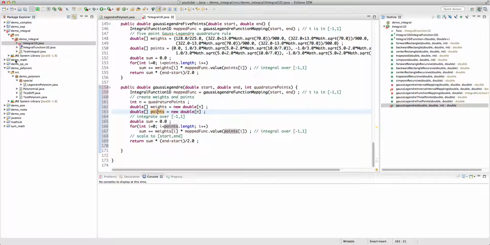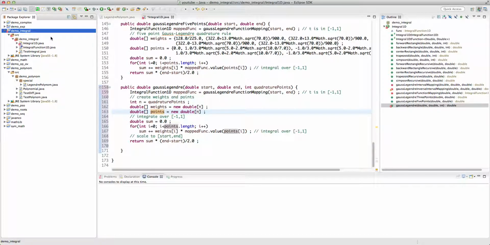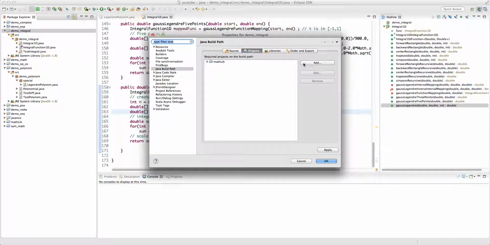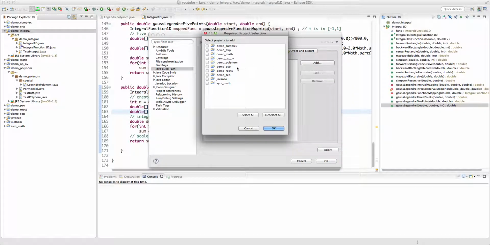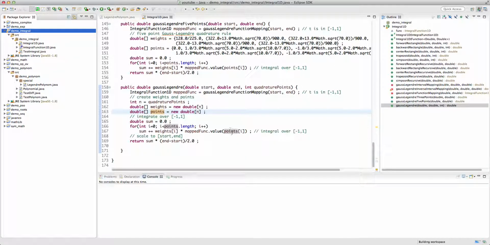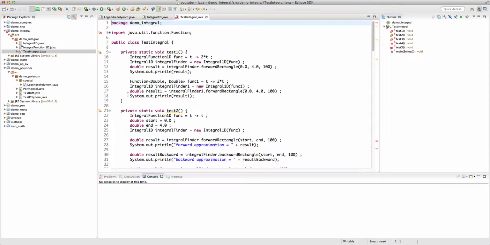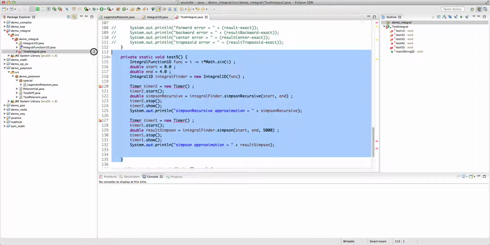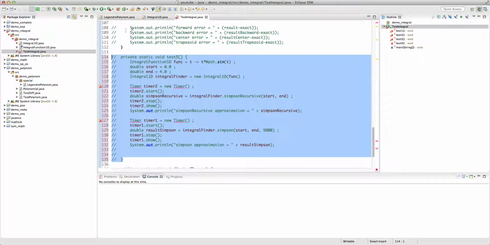Now we need to use our Legendre polynomial to create the weights and points. So I'm going to give this a dependency on the polynomial project, Demo polynomial. Let's also remove the dependency on the mathlib, and here I was using this timer class, so let's also comment this out.